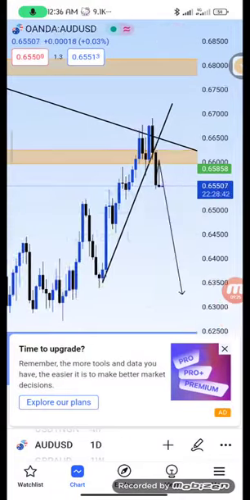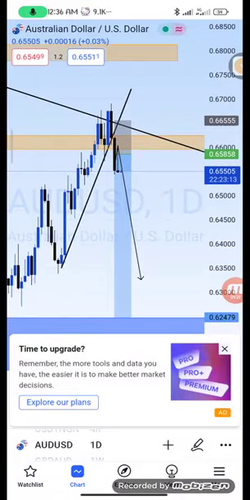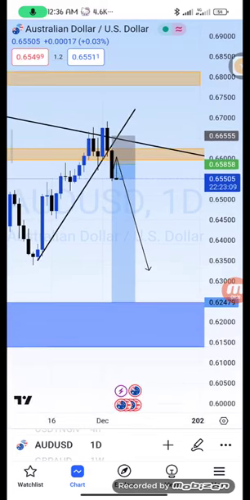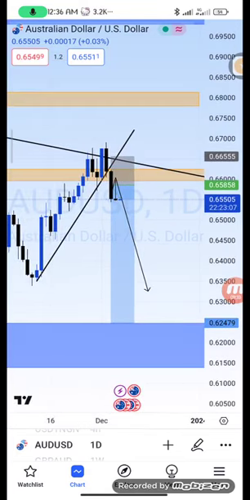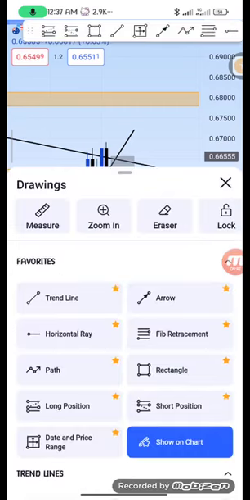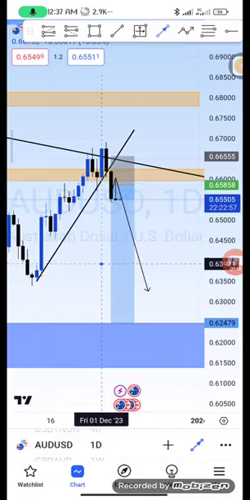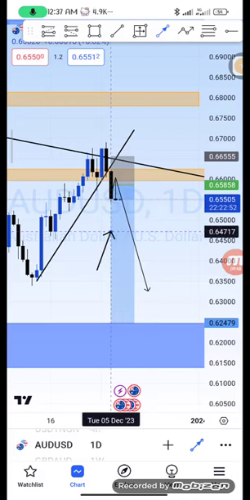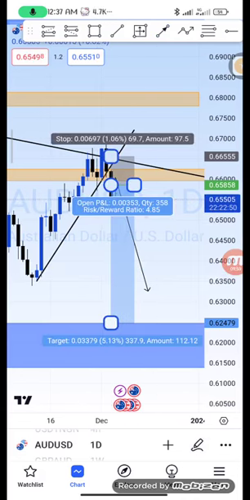Let's go to this trade. As you can see, this is the trade I'm currently in, AUD USD, on one of my accounts. Now you can see that the current market price of AUD USD is at this point here, this line here. Let me make use of this.